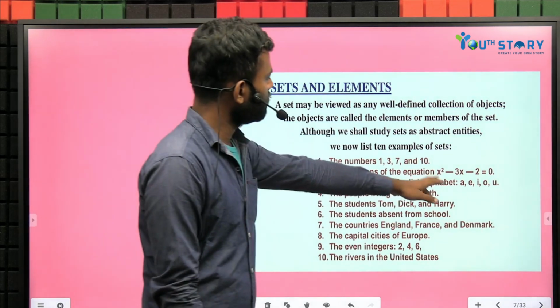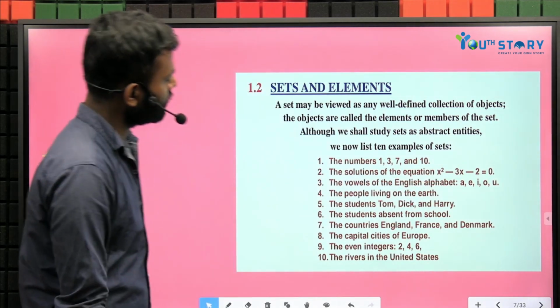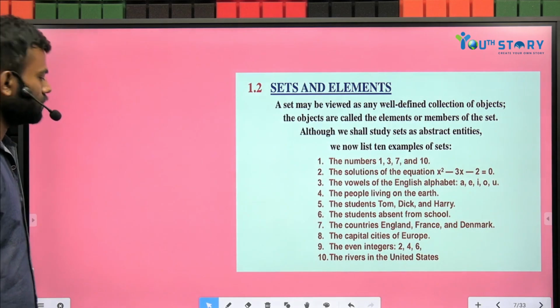see the second degree equation x square minus 3x minus 2 equal to 0.